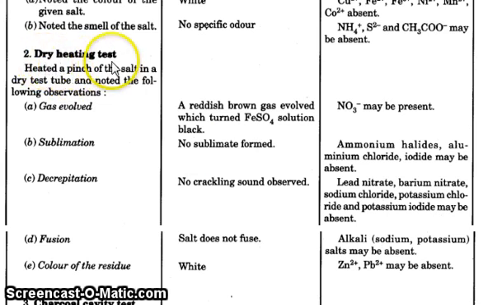Dry heating test. Heated a pinch of the salt in a dry test tube and noted the following observations. Gas evolved. So you did this experiment, and now these are your observations. Chemistry means observation.